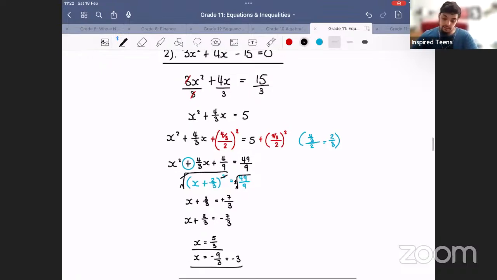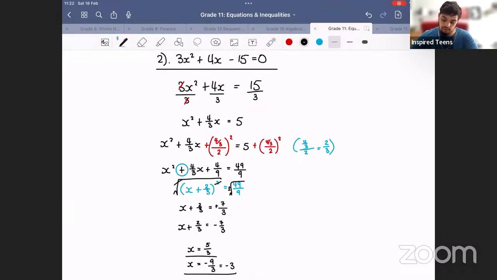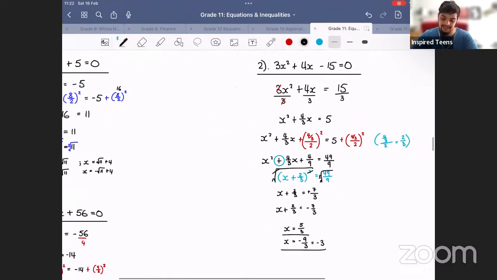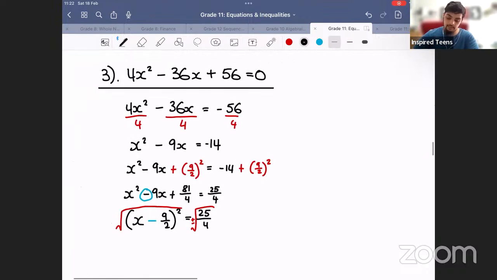Okay, I made a mistake in number 2. Can someone confirm this? I don't think there's a mistake. Just explain exactly where, then I can go back and look for that exact mistake.